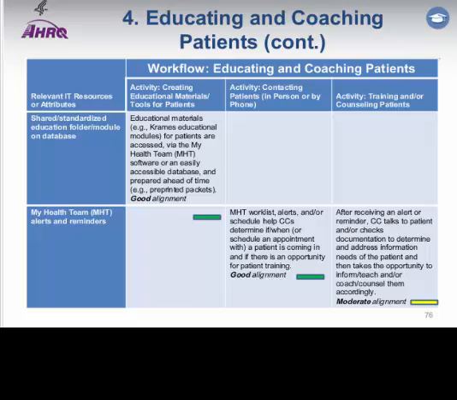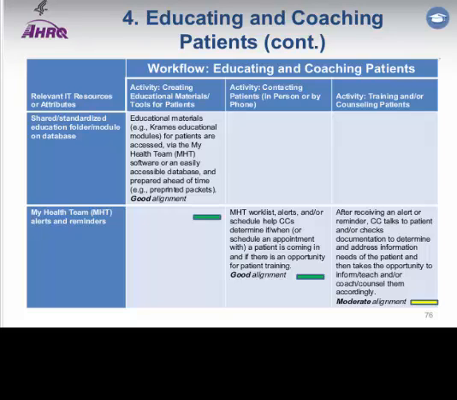In this case, the overall alignment was also mixed. There was very good alignment in, say, the CRAMES educational modules that were available to patients through the patient portal, and also available to the care coordinators who were doing a lot of the educational work and the coaching work.